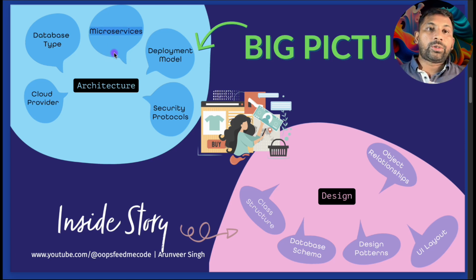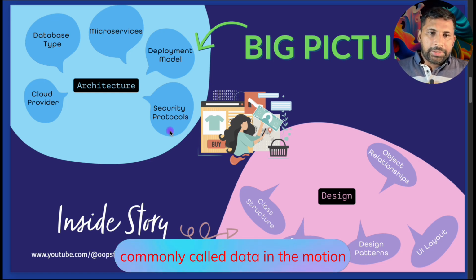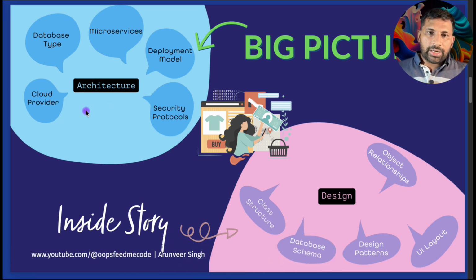You would like to talk about the architectural style, such as microservices, and the deployment model: whether to deploy on an on-prem virtual machine, on the cloud using Kubernetes, or on AWS Fargate. Also security protocols, and whether you want to secure data at rest or on the wire. These are the things we generally cover in architecture.